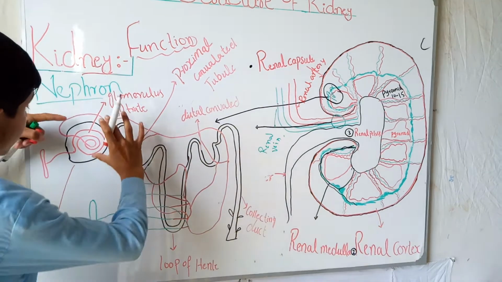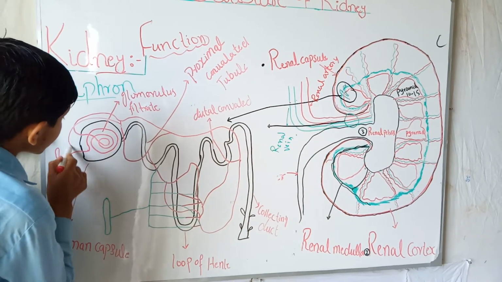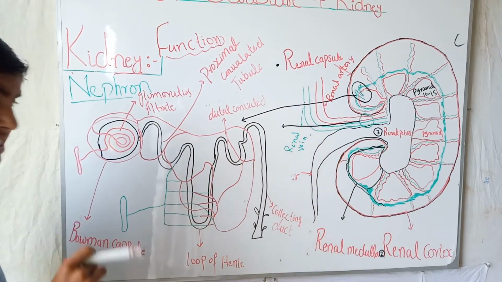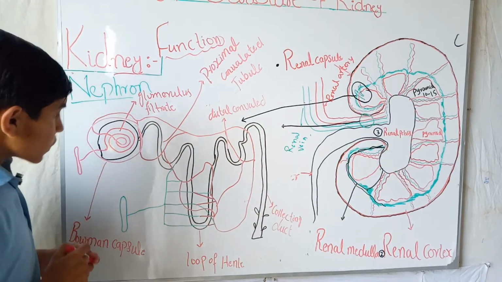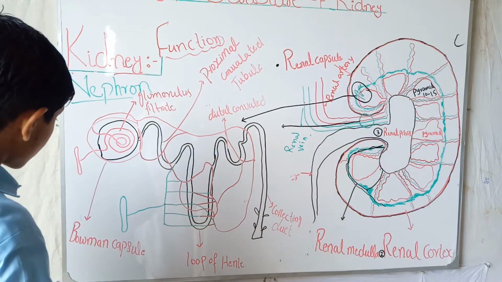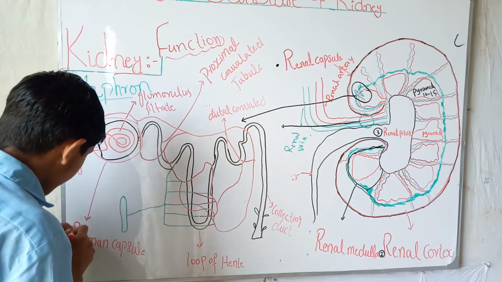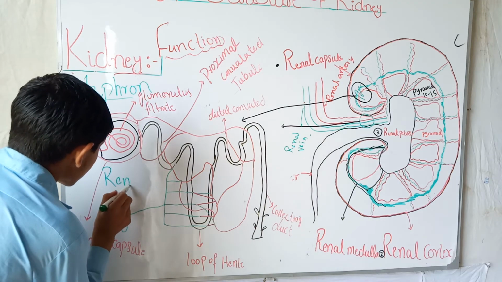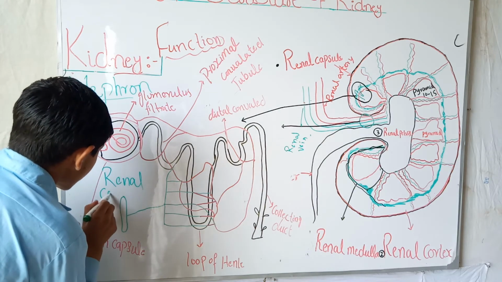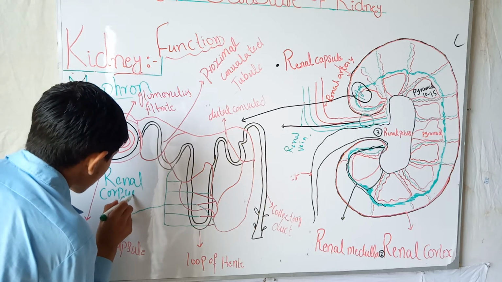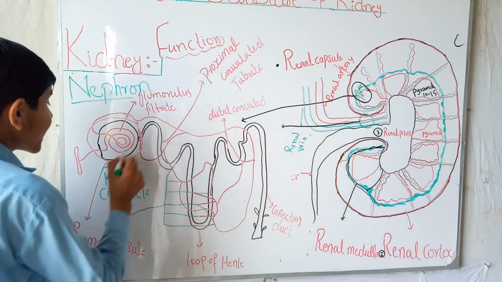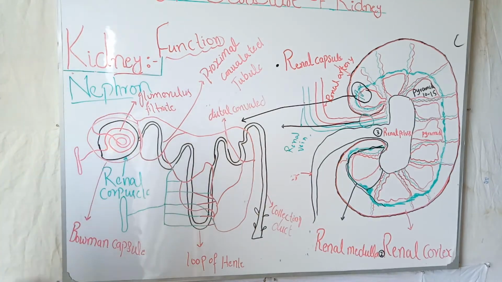One is this part, which is called the renal corpuscle. Only this circle-like structure is called renal corpuscle.